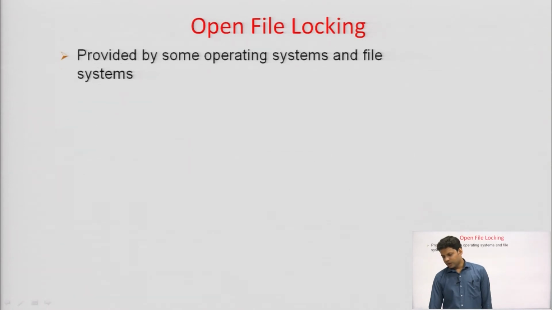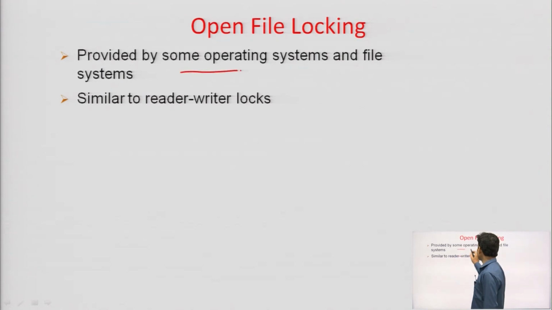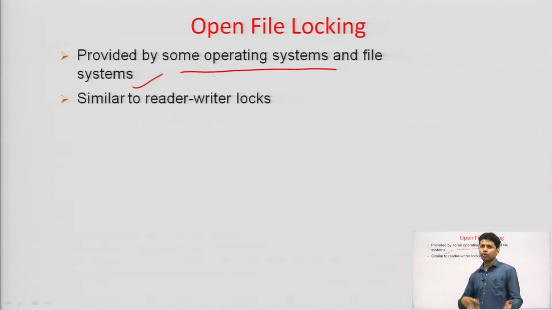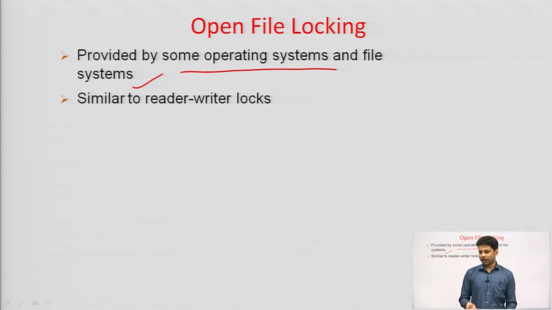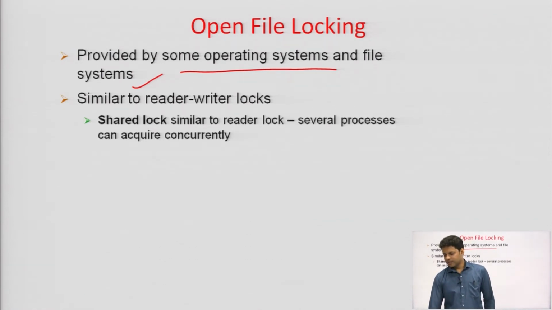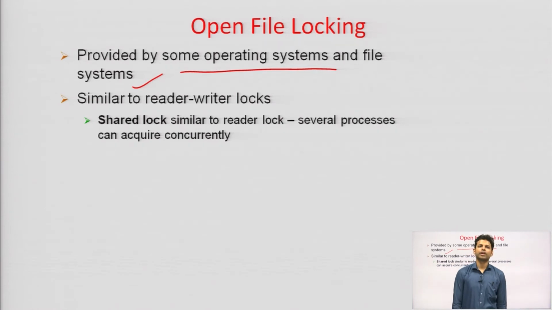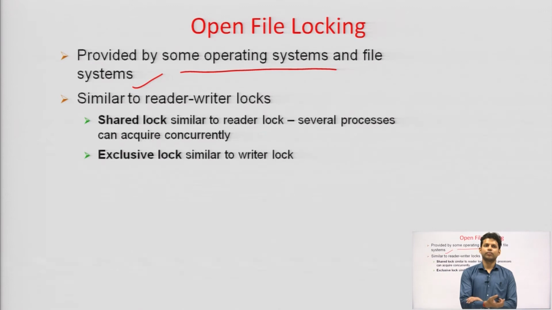So what is file locking? File locking is provided by some operating systems and file systems. Not all operating systems support this, but some let you lock your file. The locks are similar to the reader-writer locks that you have already studied in process synchronization. A shared lock is similar to a reader lock, and several processes can acquire it concurrently. An exclusive lock is similar to the writer lock.